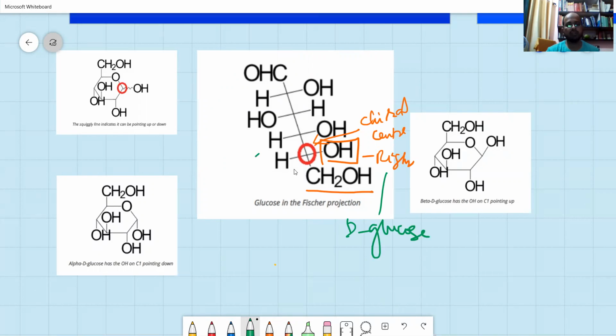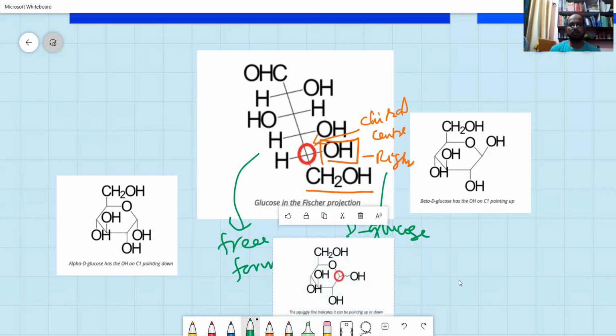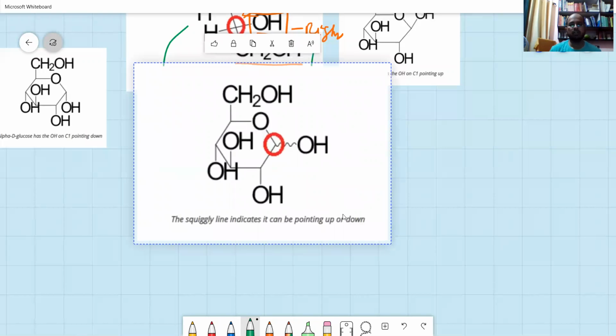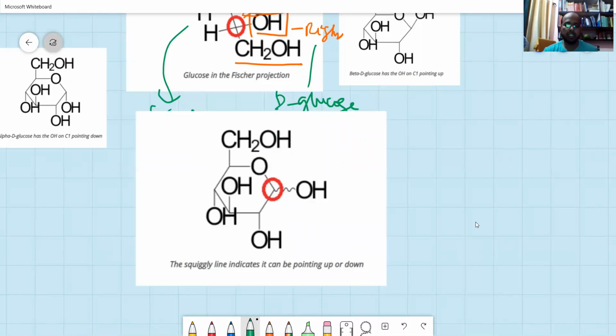But this is a Fischer formula, the free form, linear. But that we don't have to use. We have to convert it into a cyclic form. We have seen why it should be converted into the cyclic form. When you convert this into the cyclic form, you get the first carbon atom, second carbon atom, third carbon atom, fourth carbon atom, fifth carbon atom.